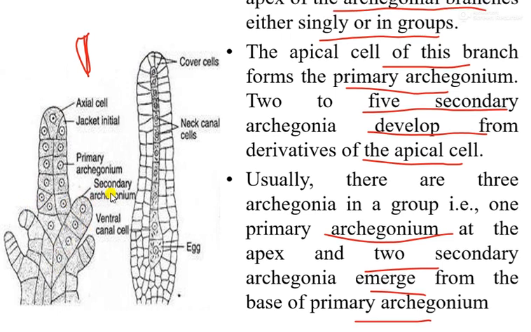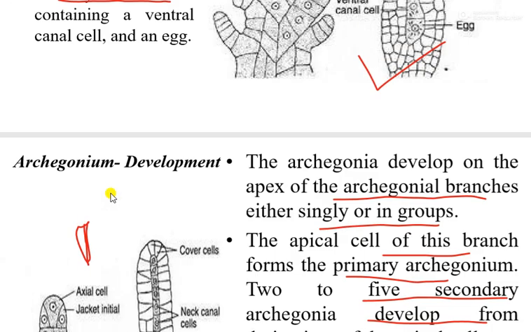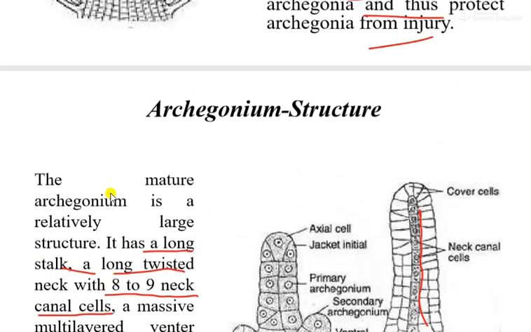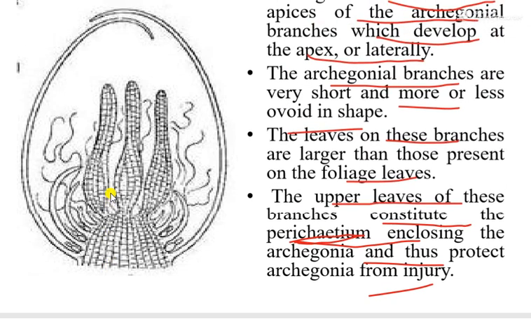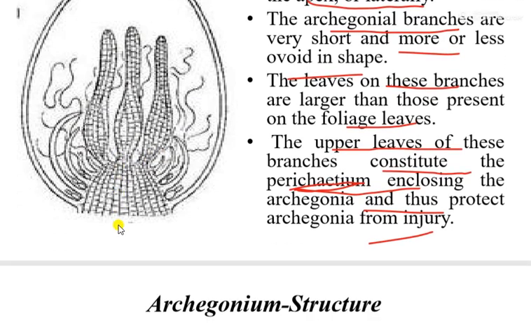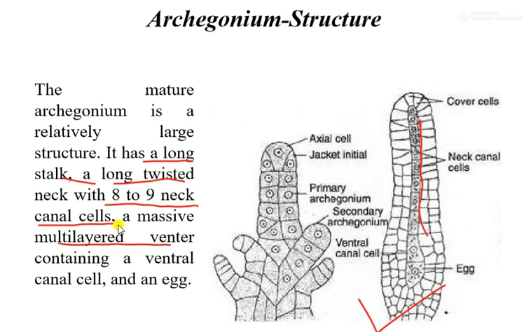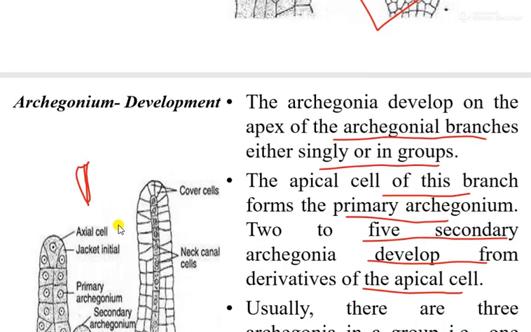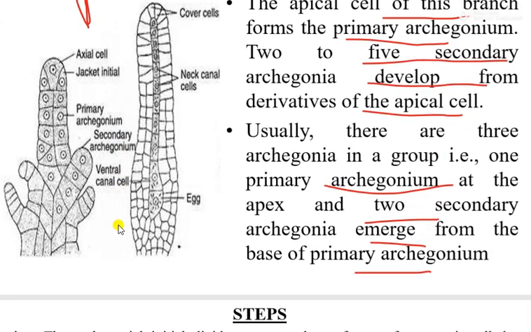To better understand this, let's move on to the picture given above. Here you find 3 archegonia in a group. Suppose we consider the central one as the primary archegonium, and the other 2 which arise below it are the secondary archegonia. So that was about the concept of their position.